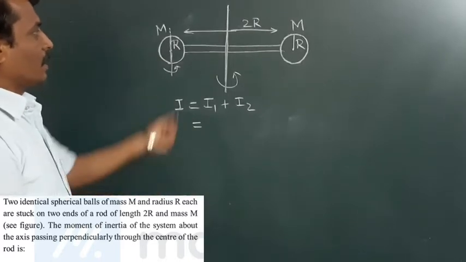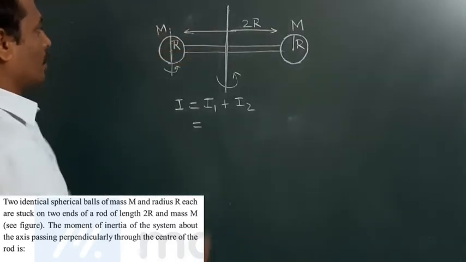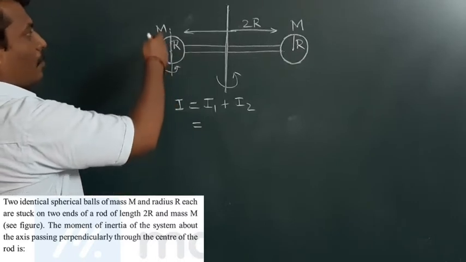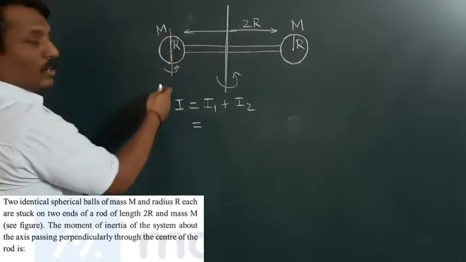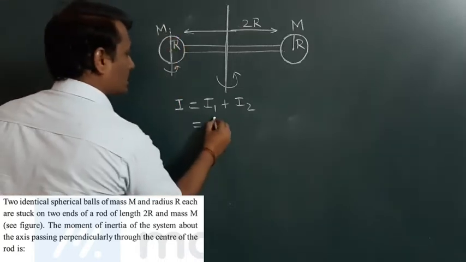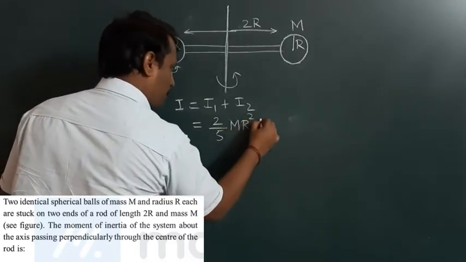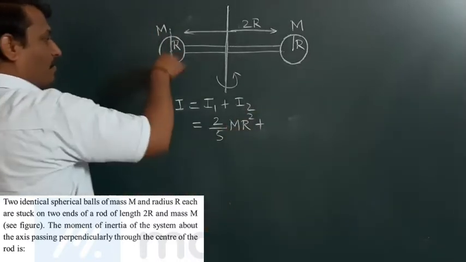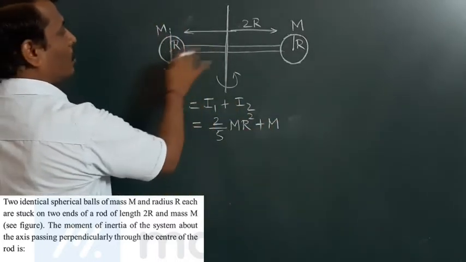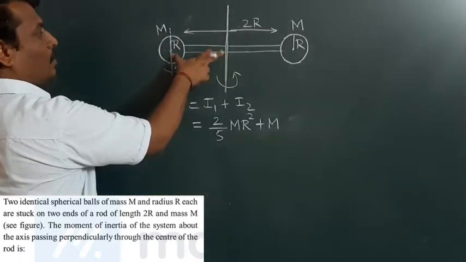So here the moment of inertia is equal to, first, the moment of inertia of the rigid body about an axis passing through its center of mass. So here the moment of inertia of the sphere about an axis passing through its center of mass is 2 by 5 mr square. Then plus the product of its mass and square of the distance between the two parallel axes. Square of the perpendicular distance between the two parallel axes.